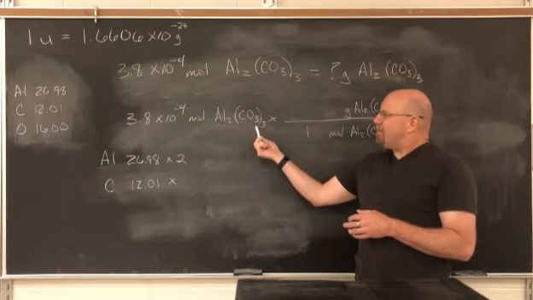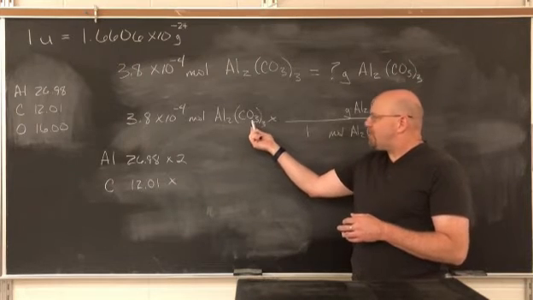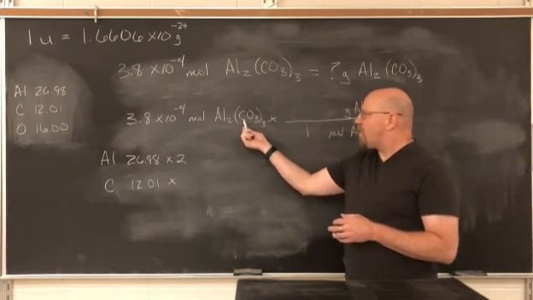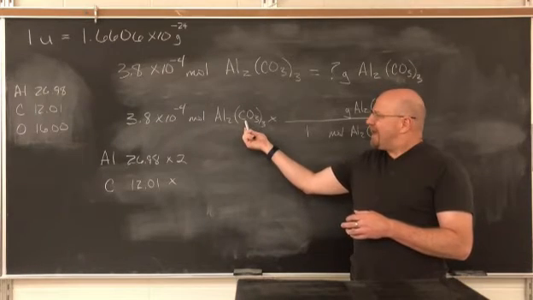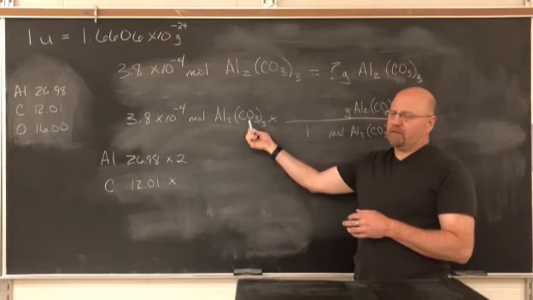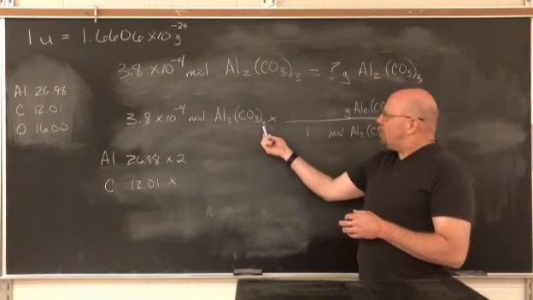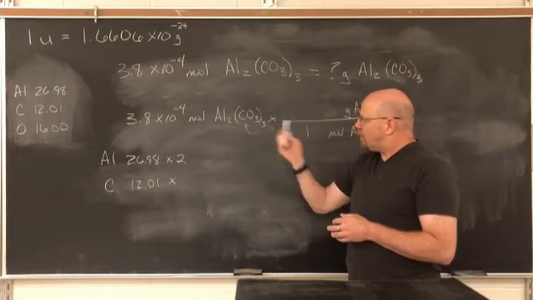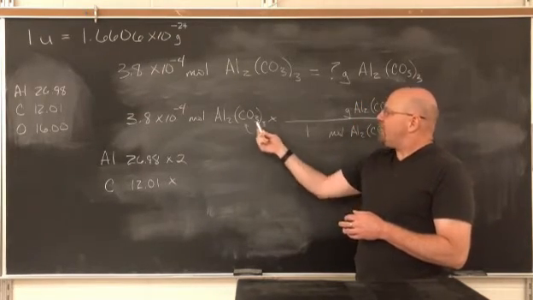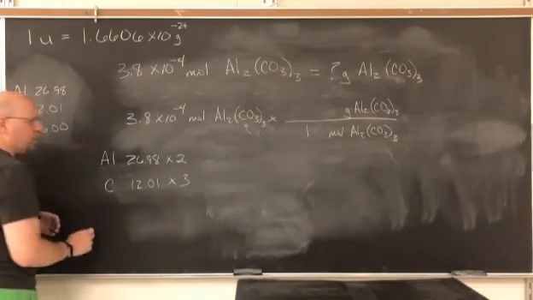It's kind of like in math where this 3 outside of the parentheses distributes through and multiplies all of these by 3. It only, though, applies to those things that are in the parentheses, not to the aluminum. So it's written to the lower right, it applies to this only. So we have 3 carbon atoms, so we're going to have 12.01 times 3.